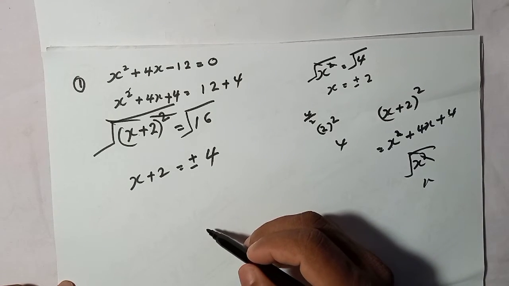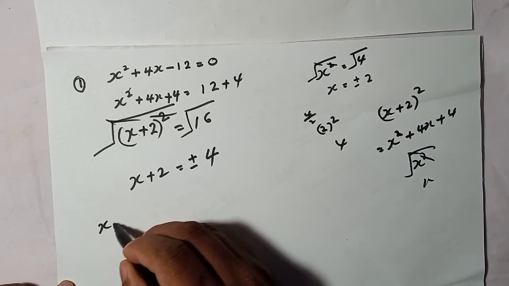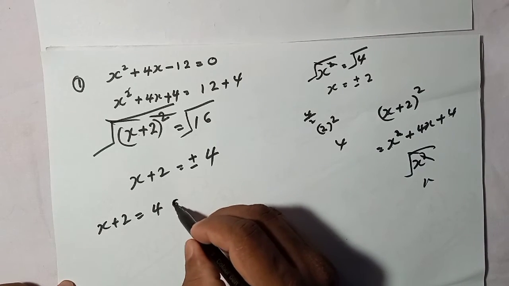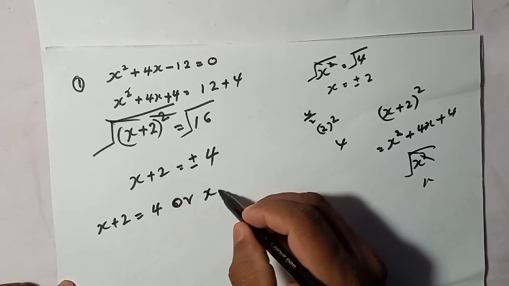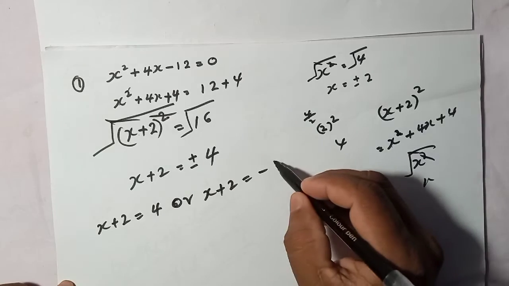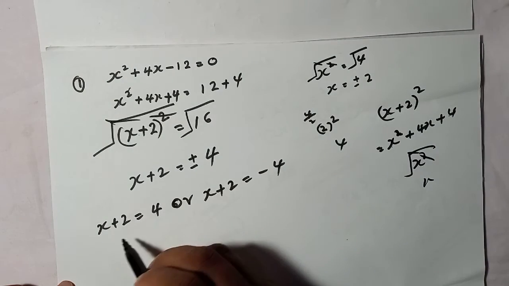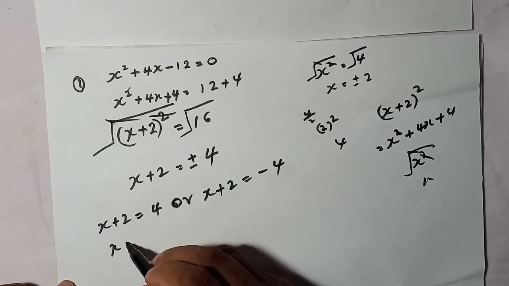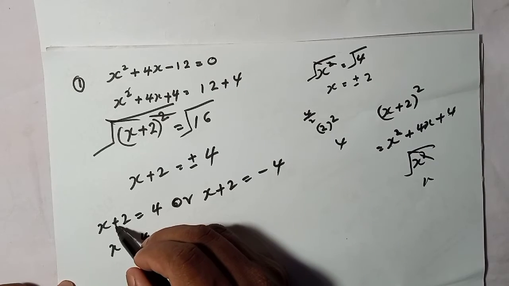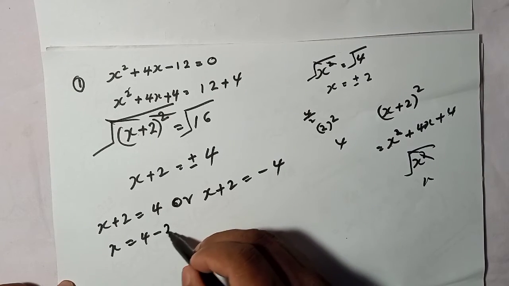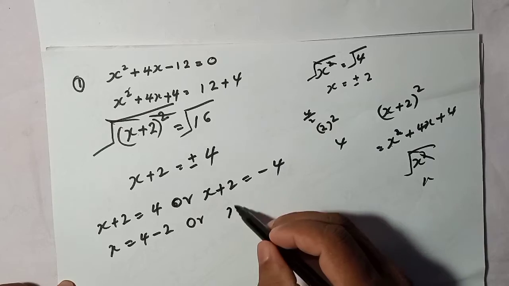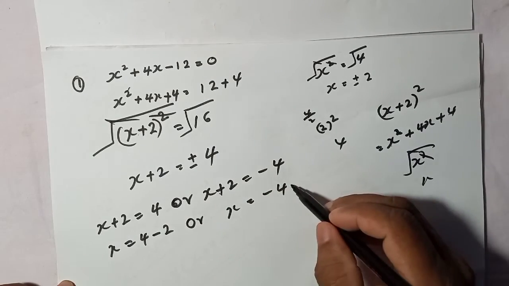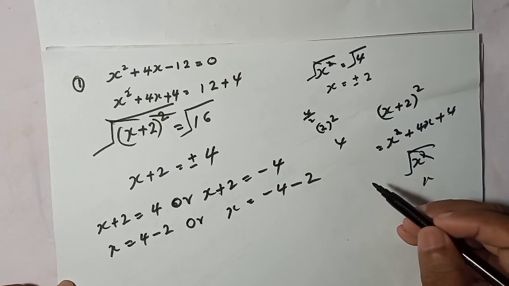Then you can write x plus 2 equals plus 4, or x plus 2 equals minus 4. Now what should we do? Bring this plus 2 to this side, so it will be minus 2. If you bring this plus 2 here, it will again be minus 2.